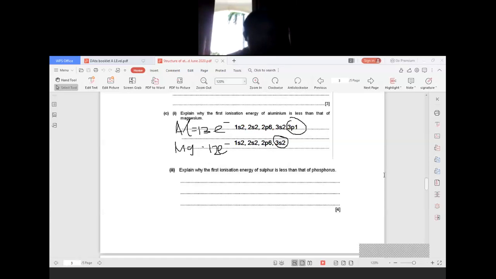That makes aluminum have less first ionization energy.